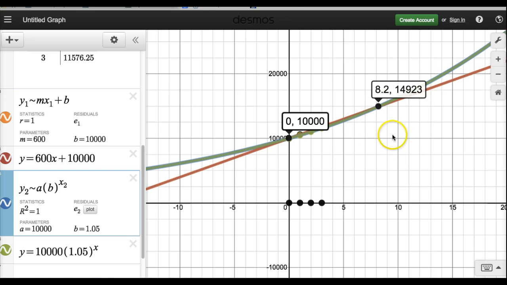No, but they're not. Okay, so there you go. At 8.2 years, both accounts will end up being at $14,923. But as you can see now, after that, the green equation, which is the compound equation, would give you a higher balance than if you were over here with the simple interest account. And you can see that by just looking at the numbers.